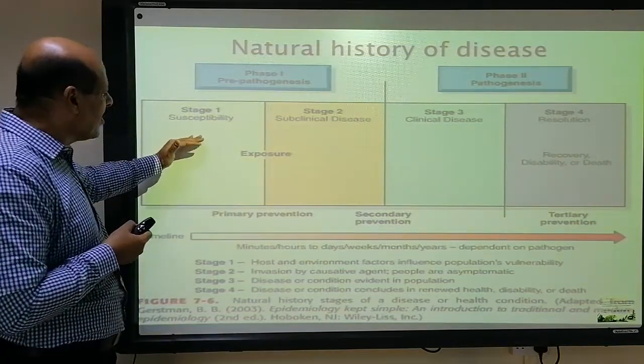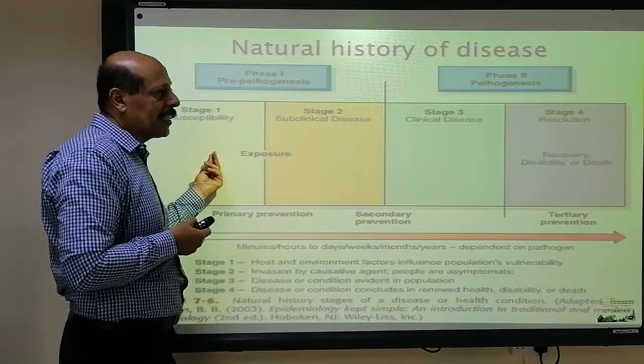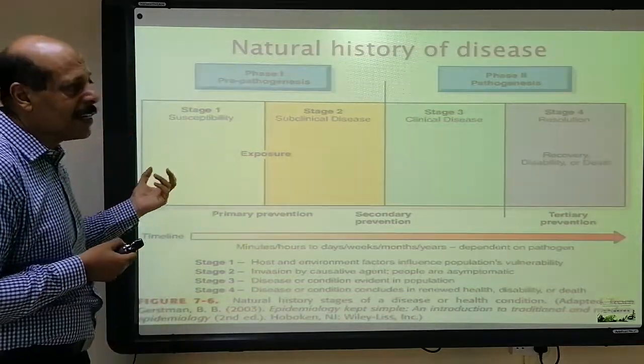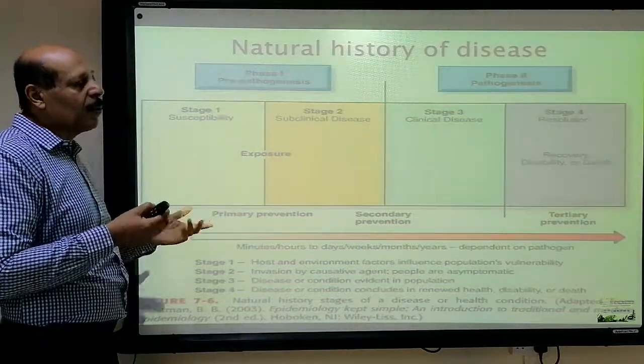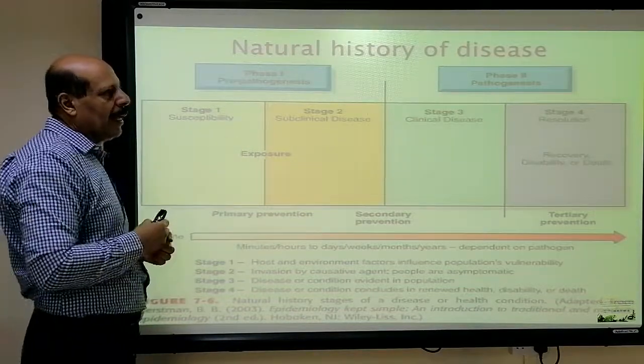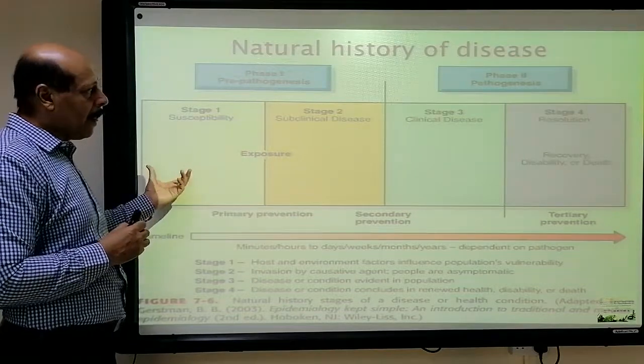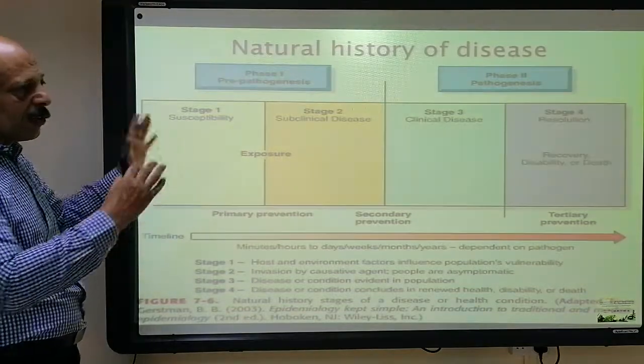The primary prevention for stage 1 is to identify those who are susceptible and to increase their immunity, or to increase the immunity of the community through immunization, or special consideration to a certain group.